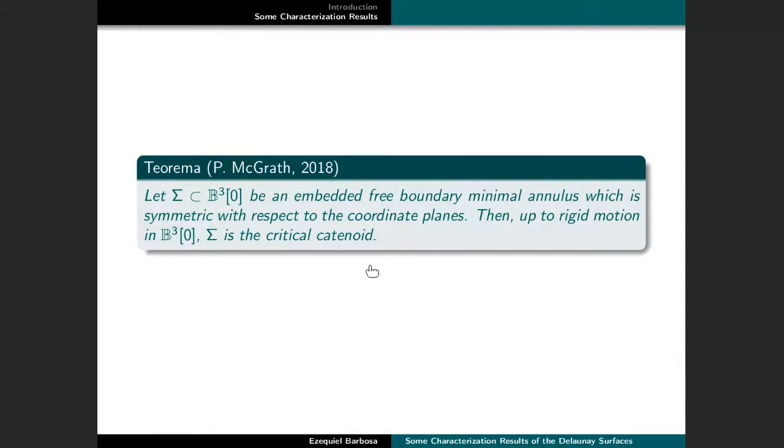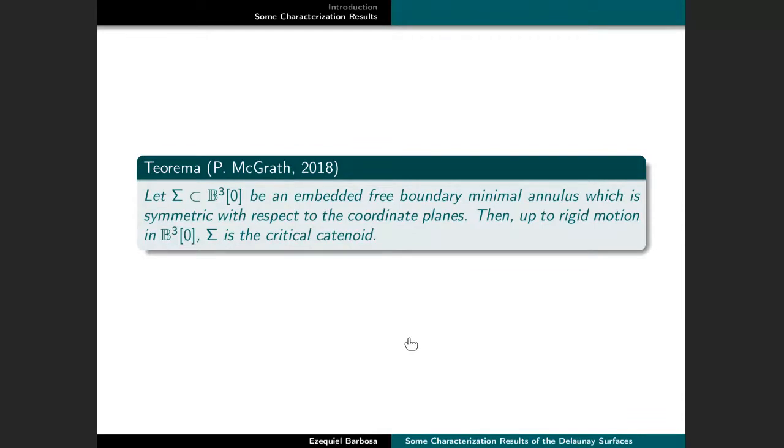And also, McGrath proved another result here, considering a more geometric condition. He proved that if the embedded free boundary minimum annulus has this symmetric condition, symmetric with respect to the coordinate planes, then this minimum surface should be the critical catenoid.